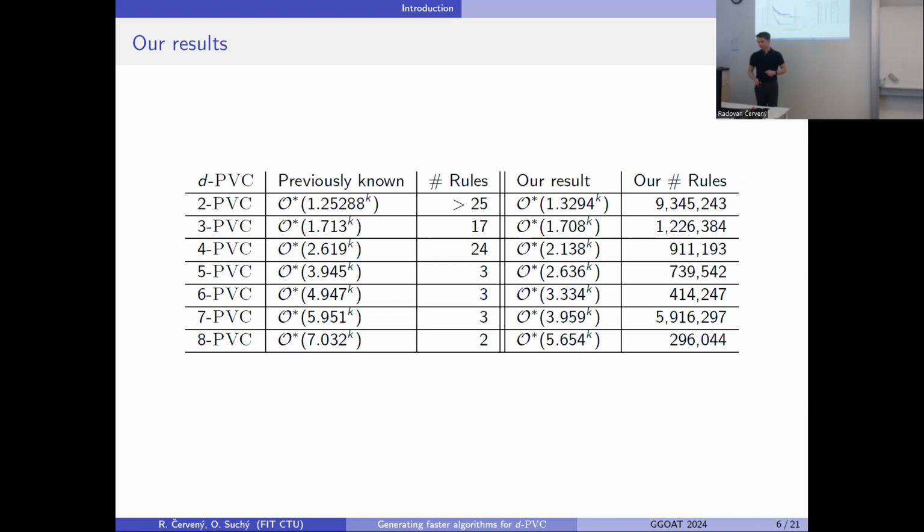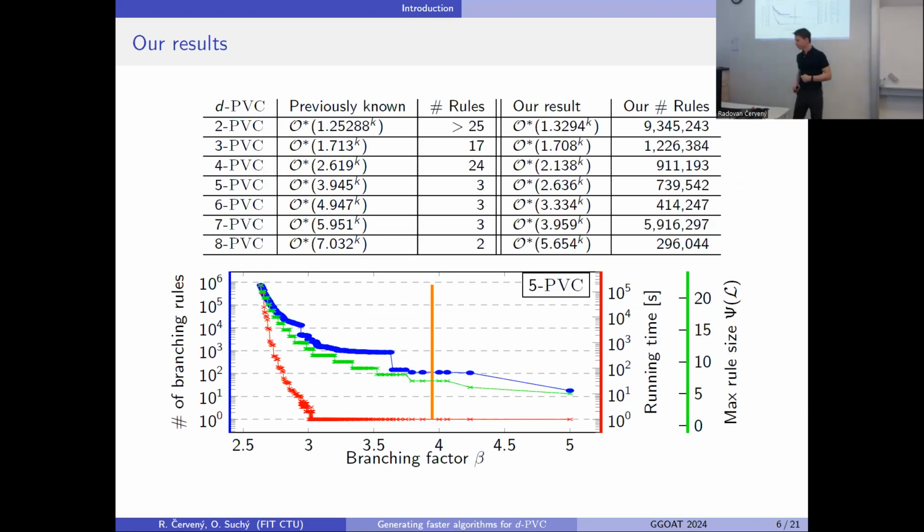But I want to show you this graph. These are the fastest algorithms we were able to generate with our procedure, but this is just the fastest one. I can generate anything in between. This graph shows the number of rules in the generated algorithm as the blue line, and on the x-axis is the target branching factor.